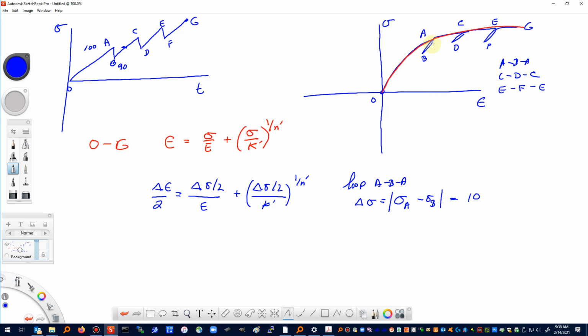Now here's a thing to keep in mind. If you were to do this, you would have to remember that first you used the monotonic equation from O to A, the branch equation from A to B, using this point as your origin now.